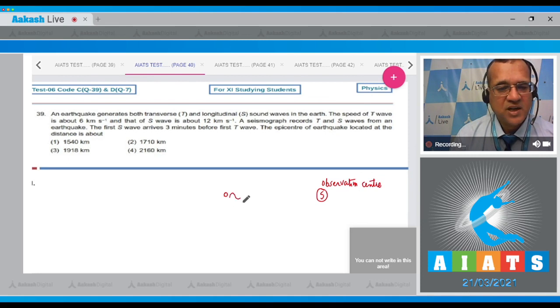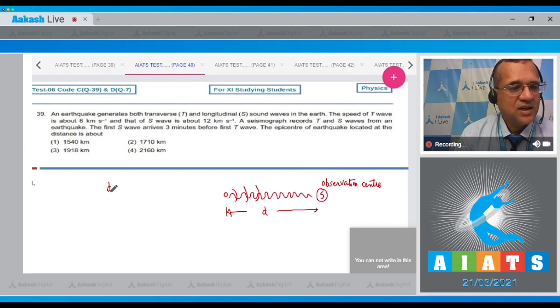Now both types of waves are coming. One is the transverse waves, and the second is the longitudinal waves. Let's say this distance is d. Then d is equal to the velocity of S into ts, and d is equal to the velocity of the T waves into the time of the T waves.